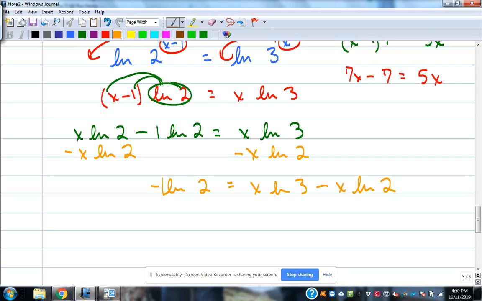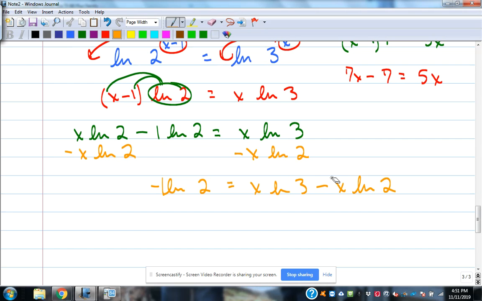Now, I told you that the distributive property was the second trickiest part of this problem. Here's the trickiest part of this problem. What do these two have in common? Yeah, they both are natural logs, but this is natural log of 3. This is natural log of 2. Those are two different numbers, right?